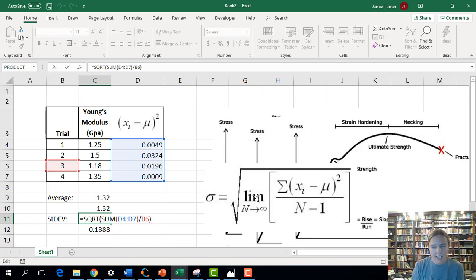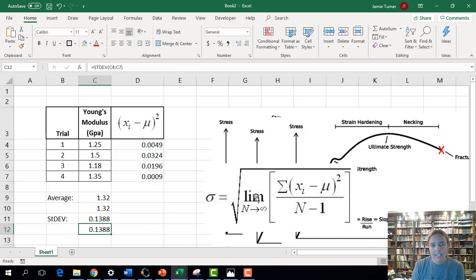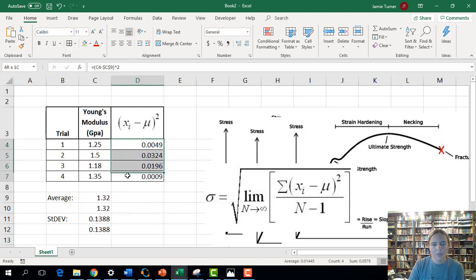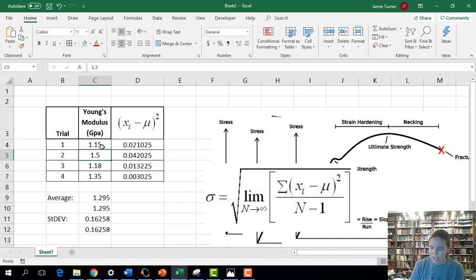So for your project and for this next lab, what you can do is set up these equations and these calculations and these tables so that all you have to do in the future is copy and paste your data table and update the data. So let's say I have a new data set where I actually did get numbers, and my numbers were different, right? 1.15, 1.55, 1.